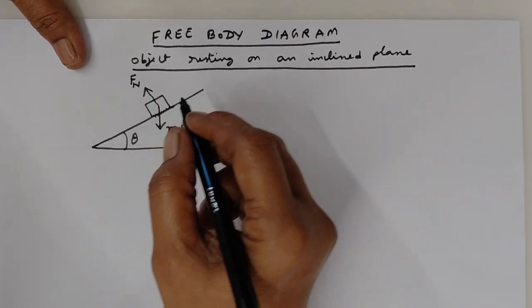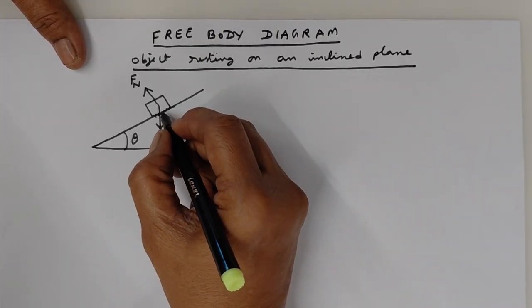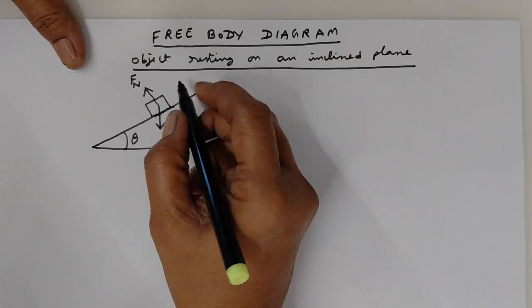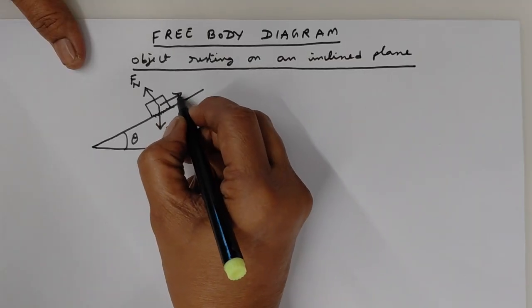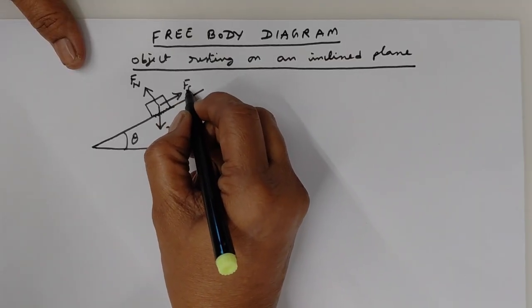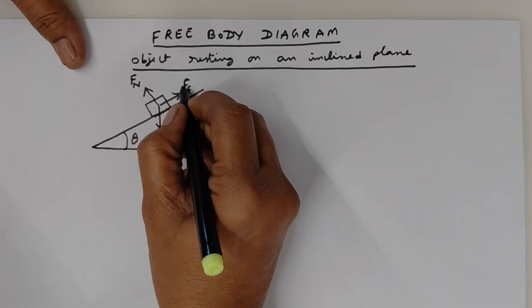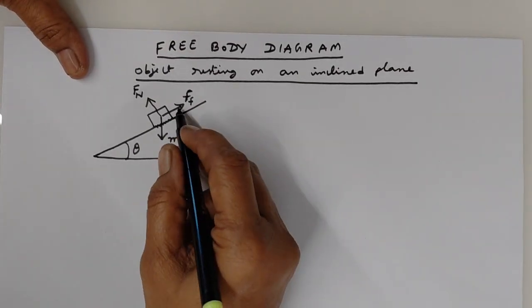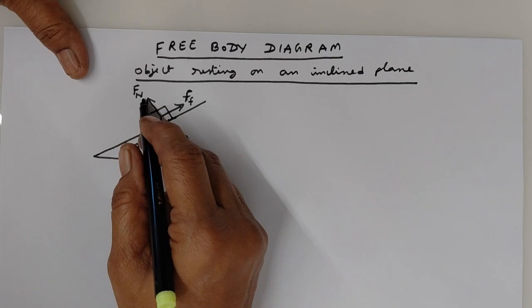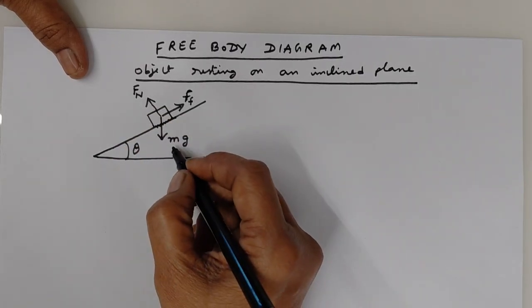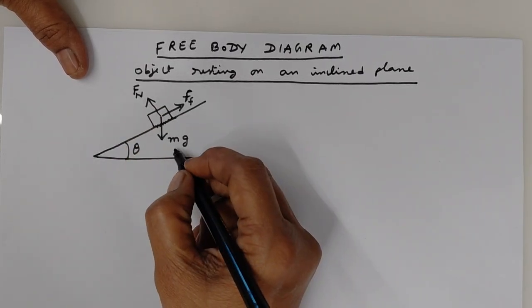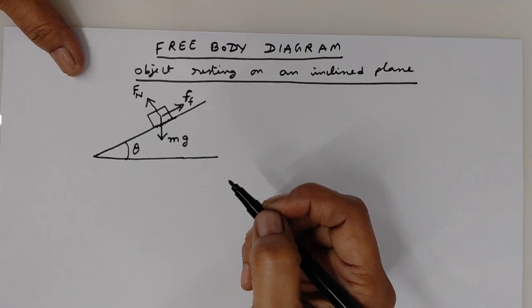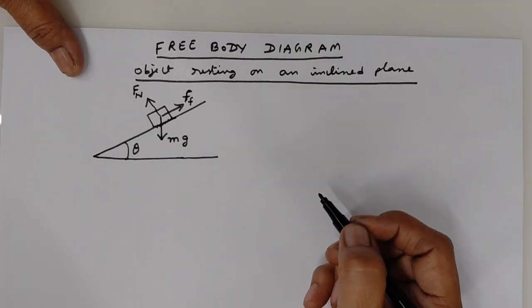So in order to oppose this motion, there will be a frictional force acting in the opposite direction like this. So this is the frictional force. Frictional force is acting in this direction, normal reaction is acting in this direction, and weight is acting in this vertically downward direction.